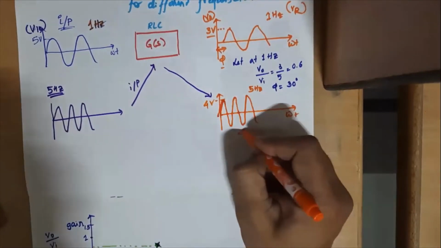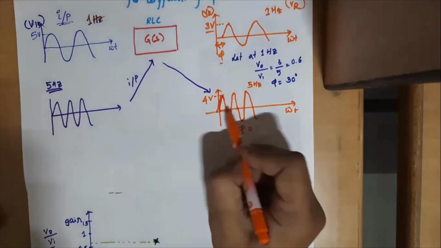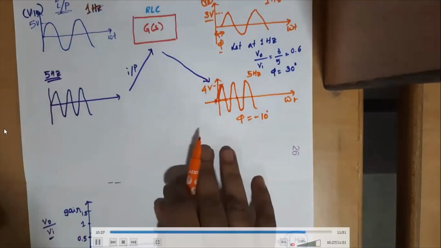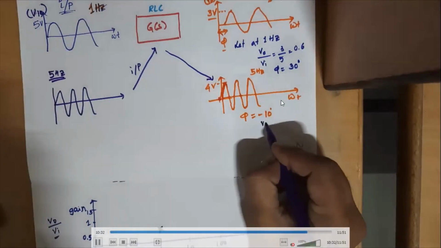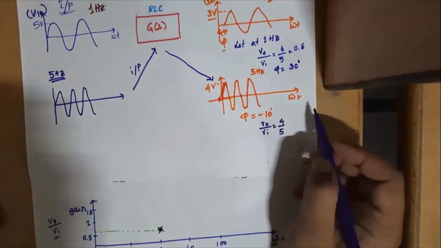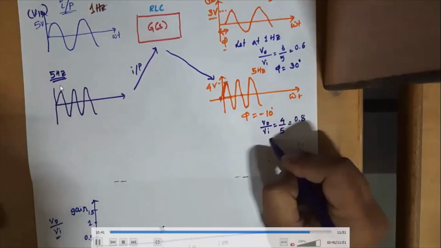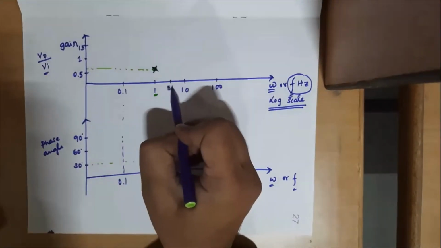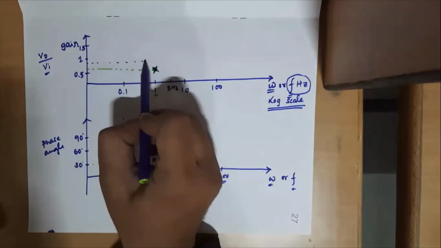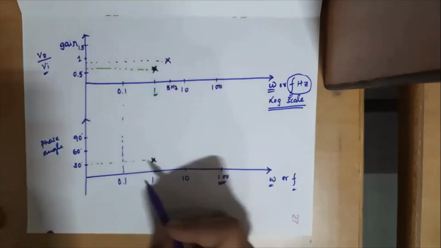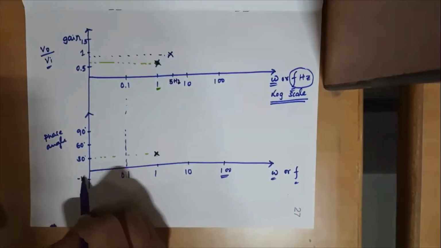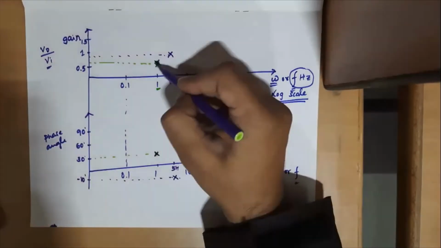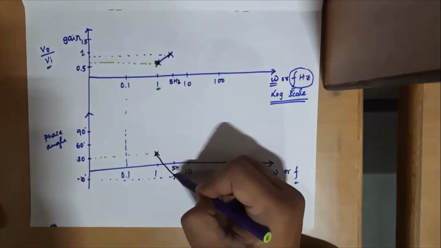Let me take the output magnitude as 4 volts and the phase angle as minus 10 degrees with reference to the input. This is always compared with respect to the input. So now gain is Vout by Vi, 4 volt by 5 volt, as I have taken 5 volt as reference. So 4 by 5 is 0.8. At 5 hertz, let me mark 0.8, and the phase angle I considered as minus 10 degrees. So now join these points.